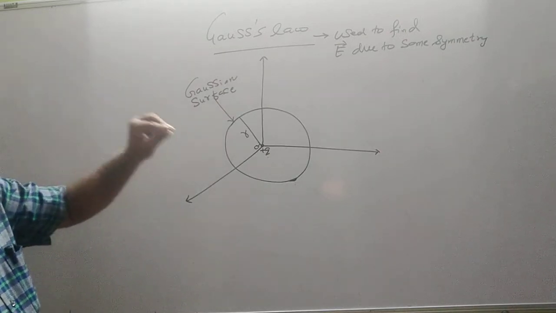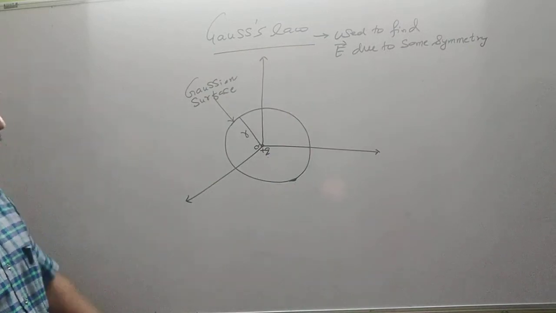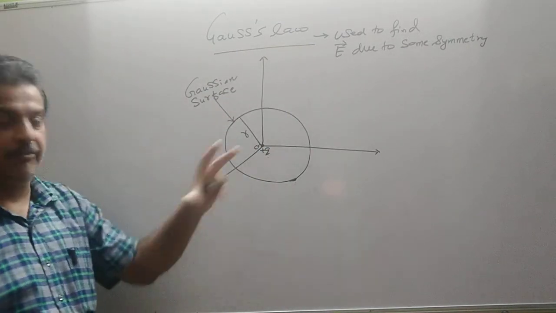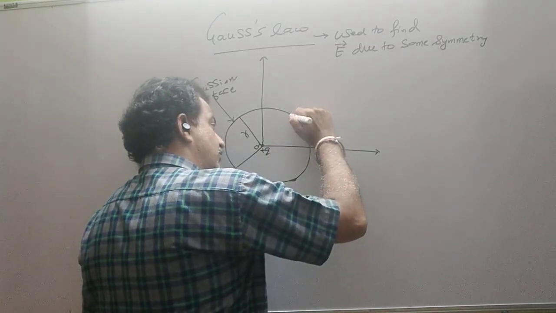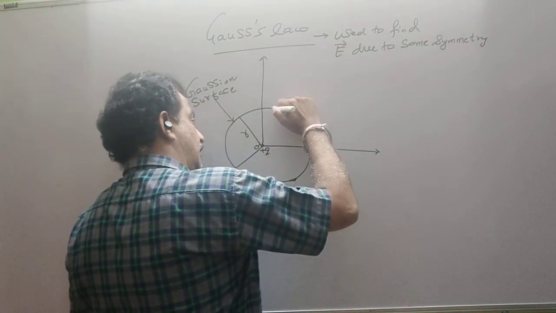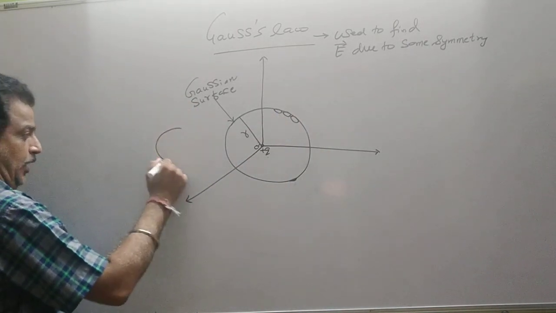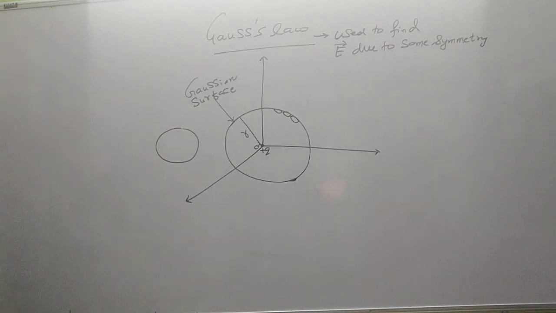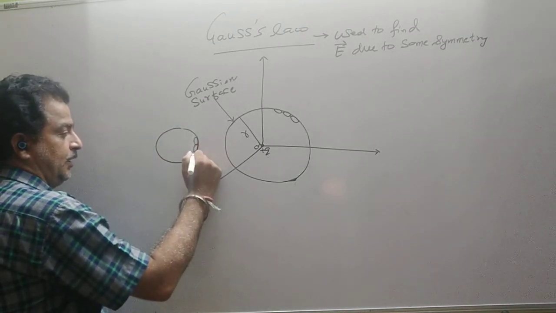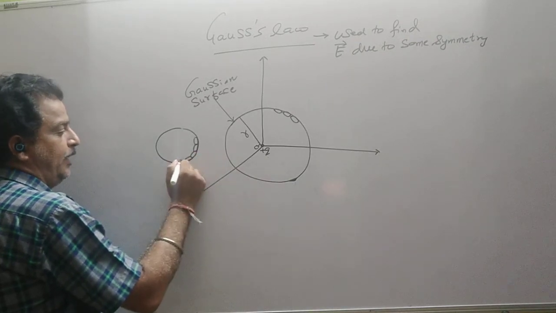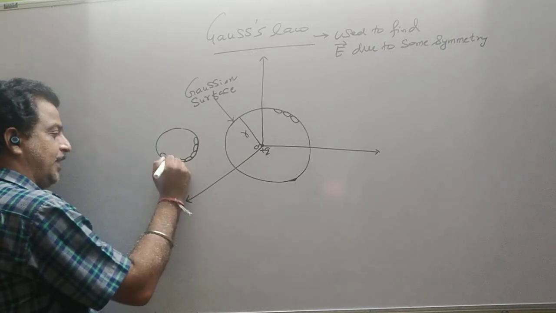Now in order to find out the electric field intensity, we will divide this Gaussian surface into small elements. So this is one element, this is another element, this is a third element. So if you have a Gaussian surface to be spherical, these are called the elements of the Gaussian surface, or sometimes I may refer to it as a Gaussian element.